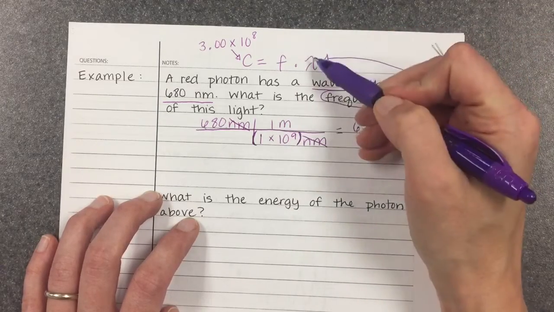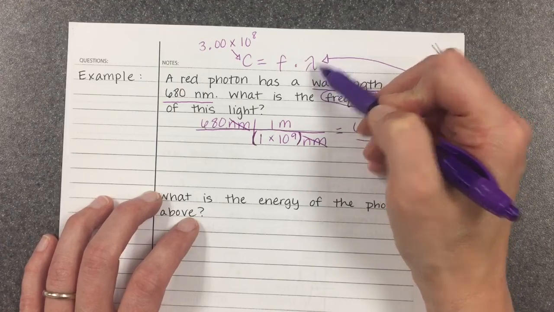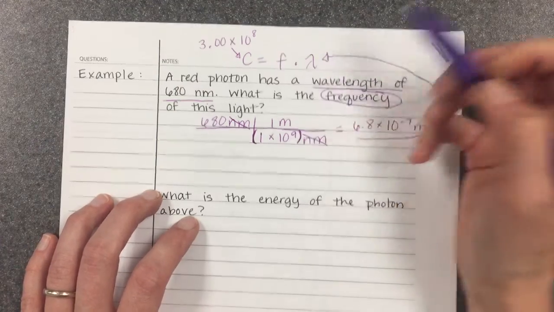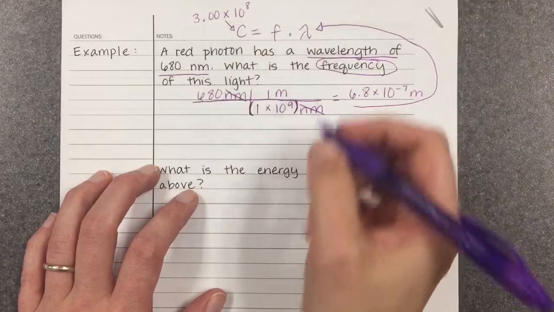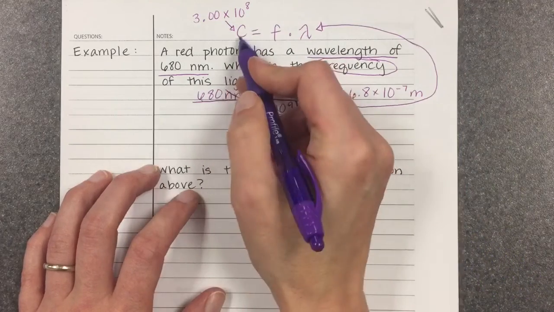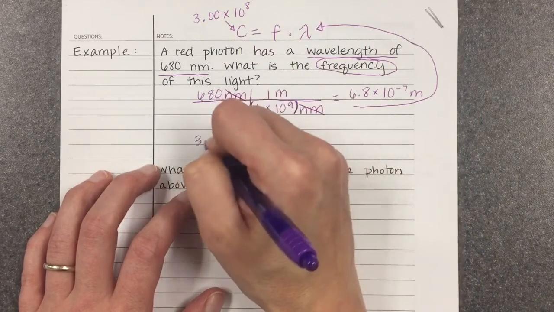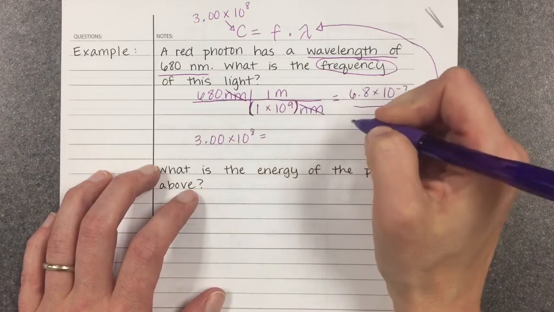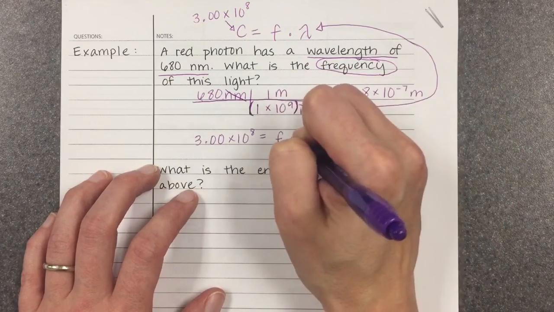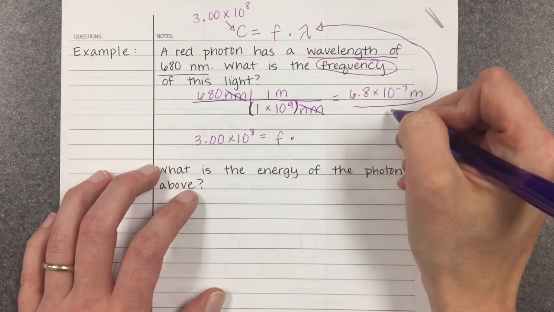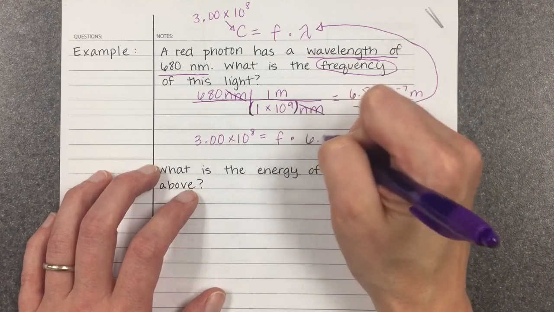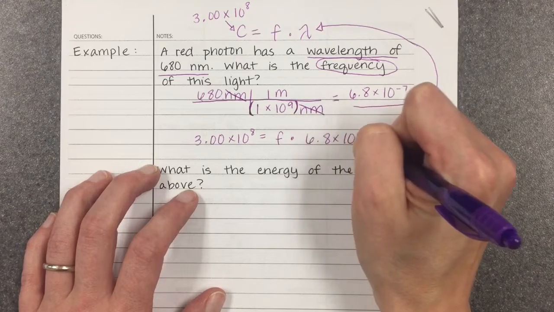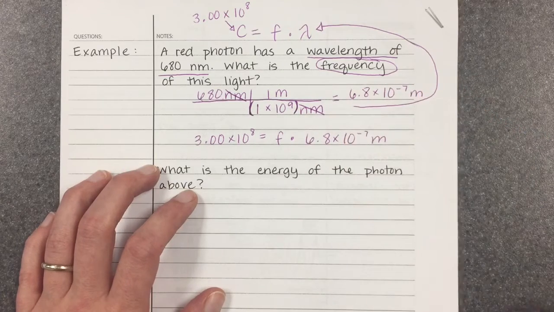Now we can put that value in for wavelength. Okay, so we're just going to substitute this value for wavelength. So if I put my numbers in the equation where they're supposed to go, instead of C, I put 3.00 times 10 to the power of 8 is equal to frequency, which we don't know, times wavelength in meters, which we just figured out was 6.8 times 10 to the power of negative 7 meters.